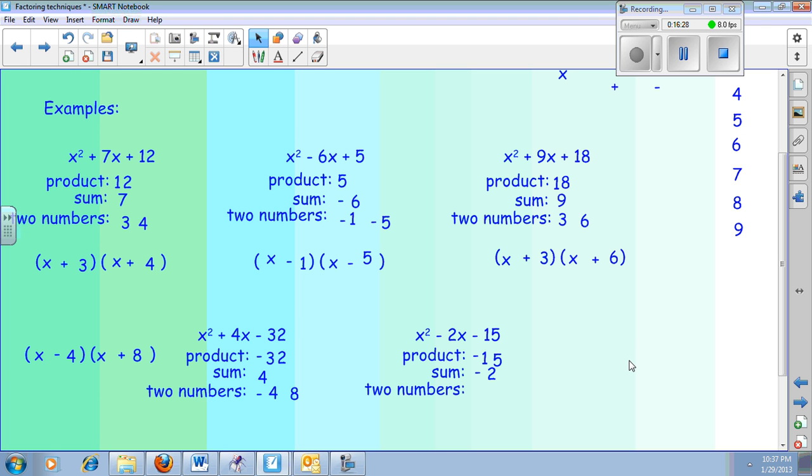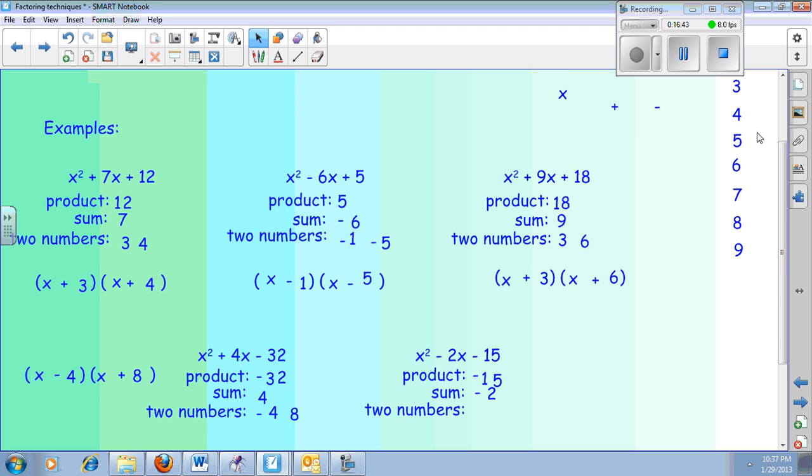Think about the factors of negative 15. We could take negative 1 times 15, or 1 times negative 15. We could take 3 times negative 5, or negative 3 times 5. So we have to think about it, but what will give us a sum of negative 2? It looks like negative 5 and positive 3 will give us a sum of negative 2.